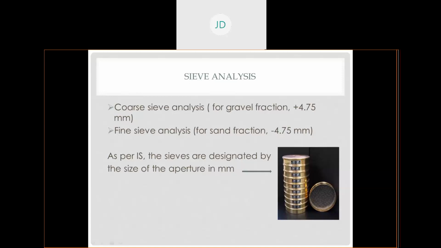I will tell you how it is arranged. It is fixed one above another. If we concentrate on one individual sieve, its details are written at the surface, at the circumference.